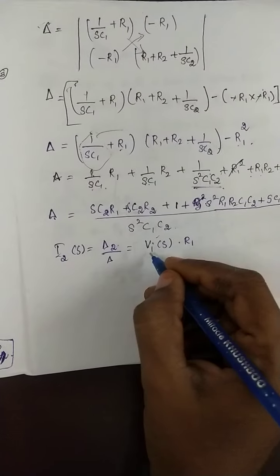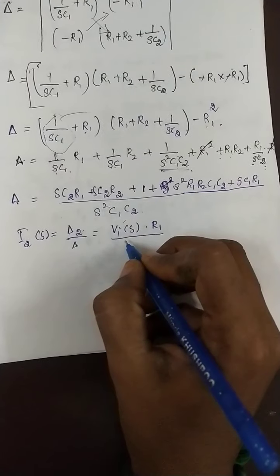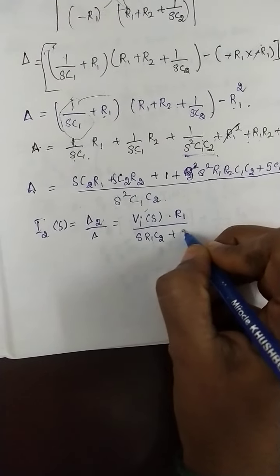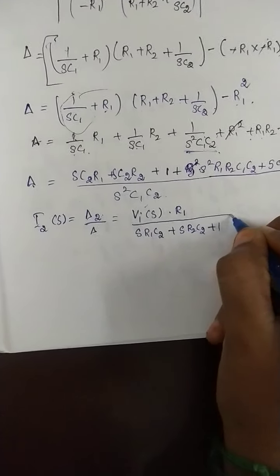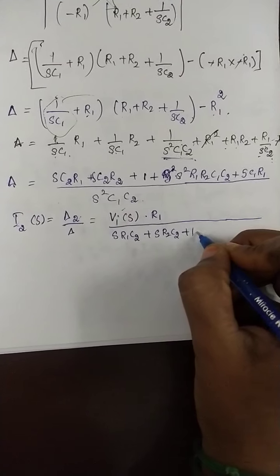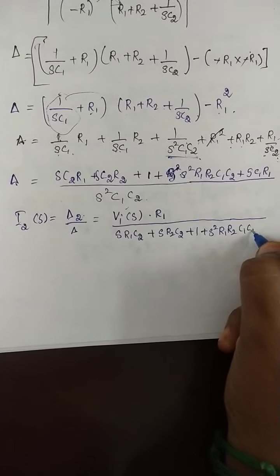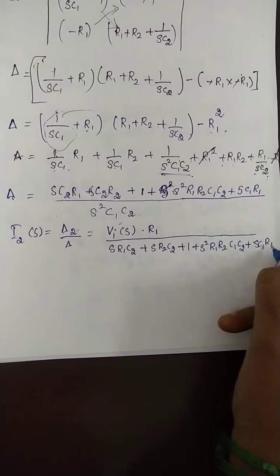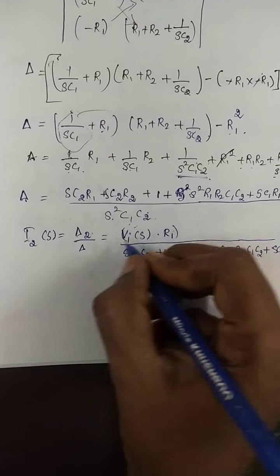Here what is delta? That means this value. So S into R1 C2 plus S into R2 C2 plus 1 plus S squared R1 R2 C1 C2 plus S into C1 R1. Here S squared C1 C2 is there, it is in the numerator.